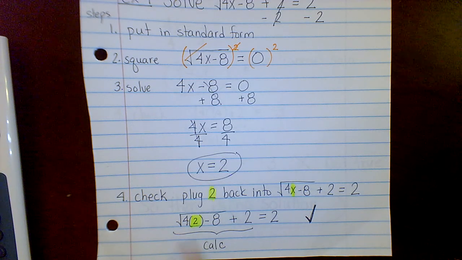And you can use your calculator to do that. That's going to be 8 minus 8, which is 0. The square root of 0 is 0. 0 plus 2 is in fact equal to 2. If not, then something may have happened with the solving of your equation. It could have been that you made a mistake in your check or something, but something went wrong somewhere.